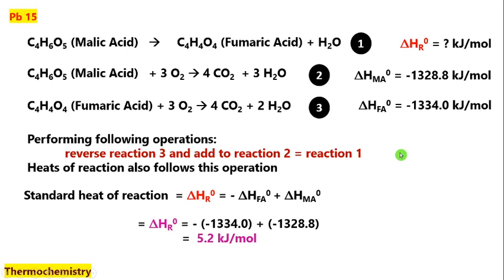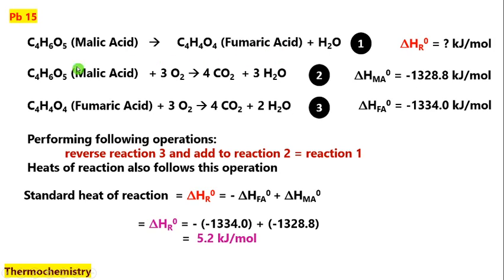So what do we learn here? We learn that the data given to us, we have to write in the form of a reaction and algebraically manipulate it. It is possible that we may have to multiply a given reaction by some number, maybe 2 or 3. In that case, I have to multiply the whole thing by that value. We may also have to invert it.